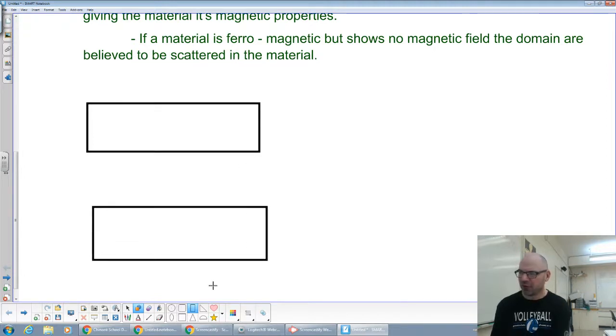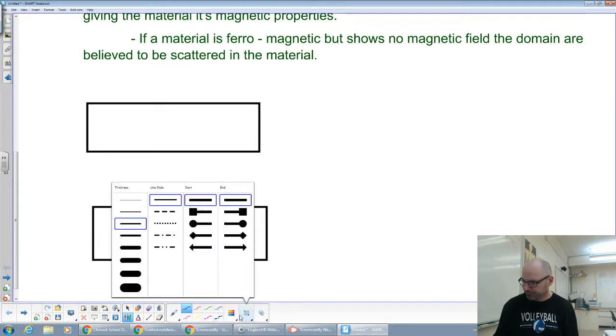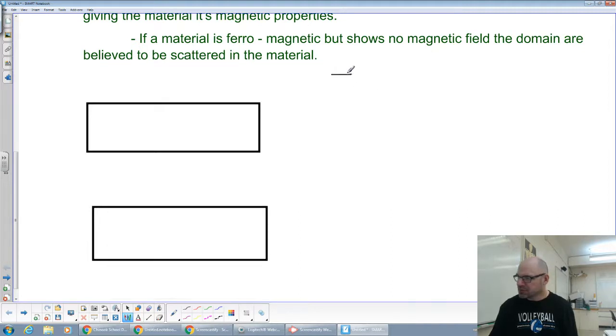Let's draw two materials here. Okay, and let's say this one here on top, they usually use a little arrow, which represents a domain. One part will be the North Pole, one part will be the South Pole of the domain.